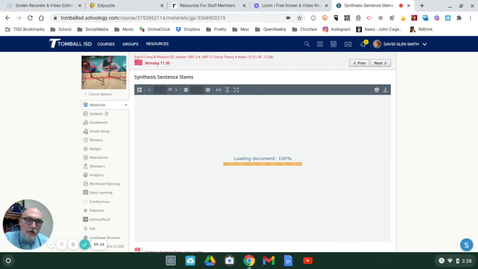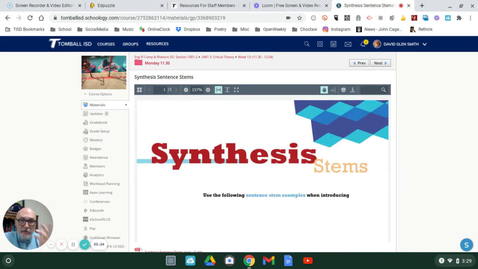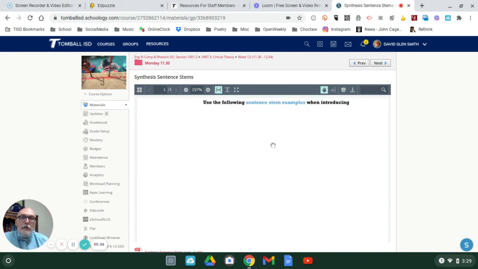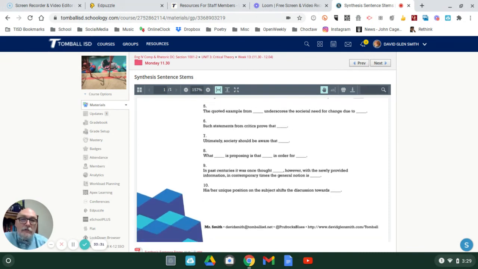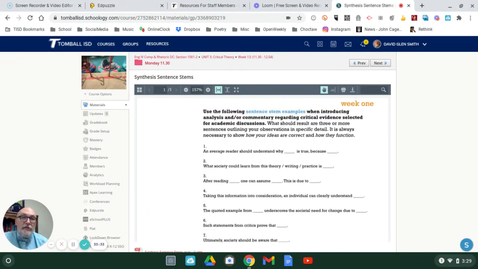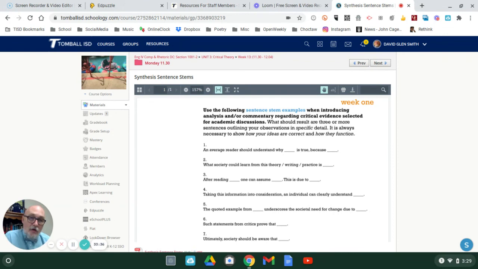So depending on where you are in your paper, every paragraph needs to have a sense of synthesis leading it into the next paragraph, just like a transition. So what I have here are 10 different sentence stems that can help you and guide you through your examination of research evidence that builds up your ethos.